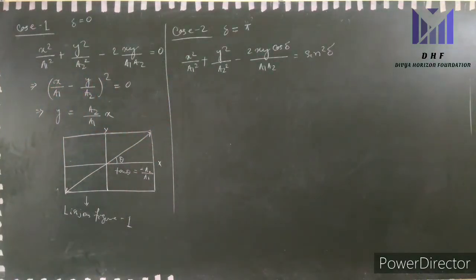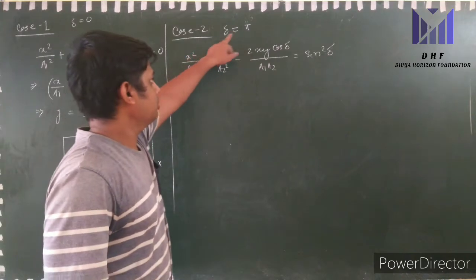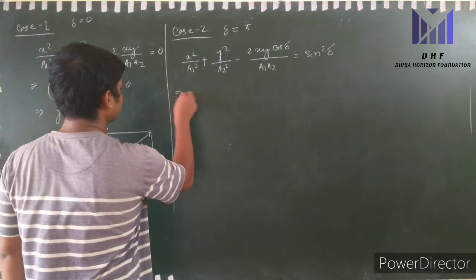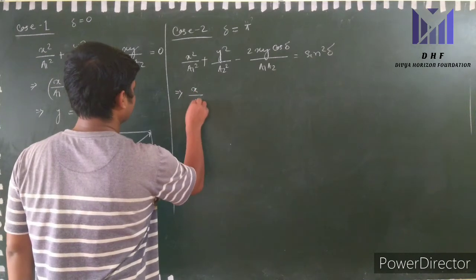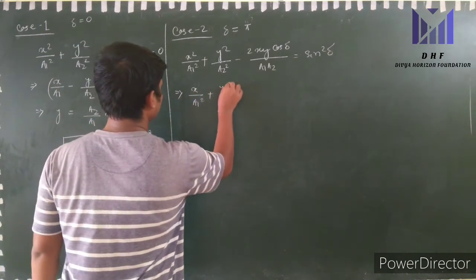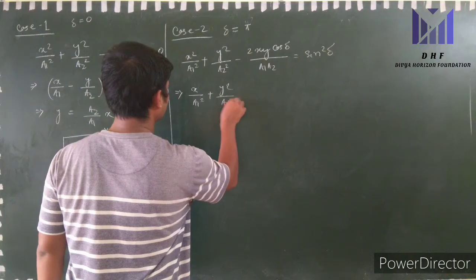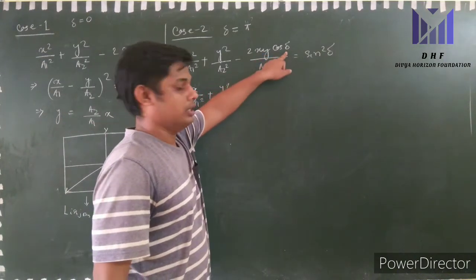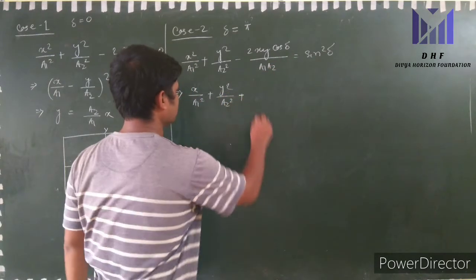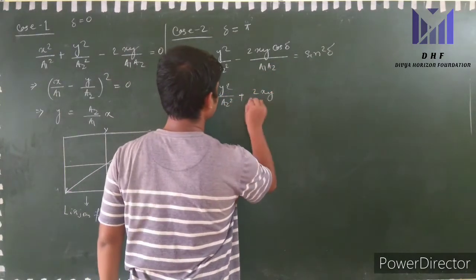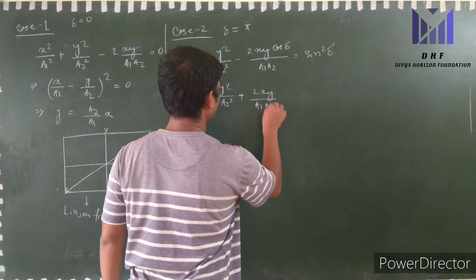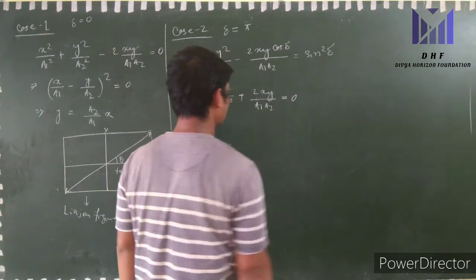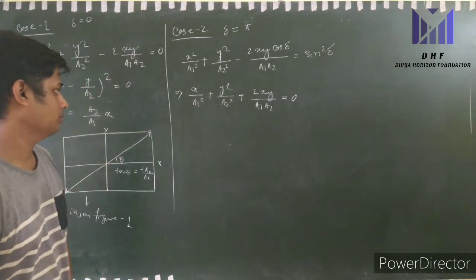Here we are putting the phase difference delta as pi. By putting this value, we get x square by a1 square plus y square by a2 square, here plus, because cos pi is minus 1, so minus minus plus, that is 2xy by a1 a2, equal to 0 because sin pi is 0.